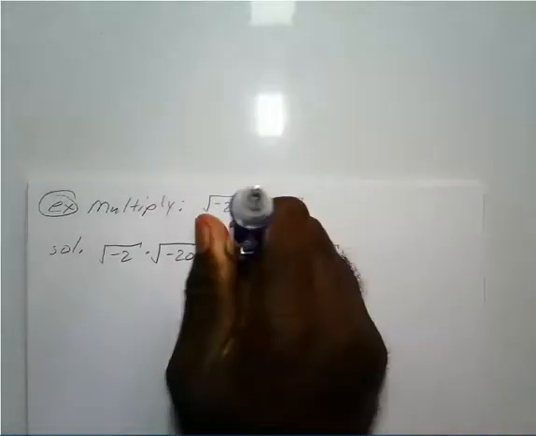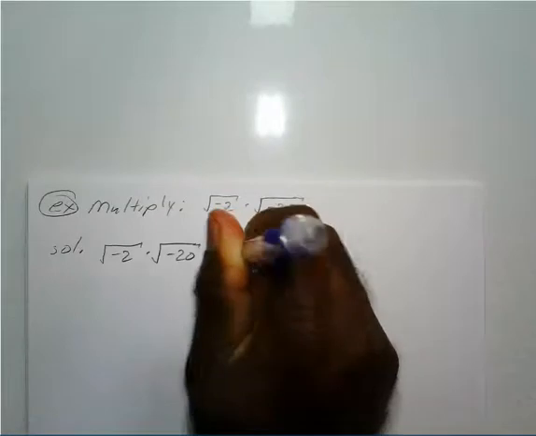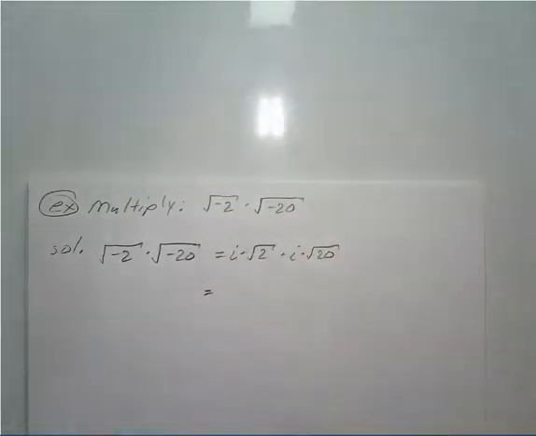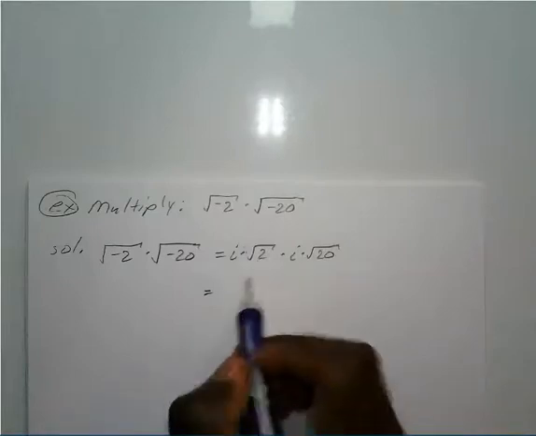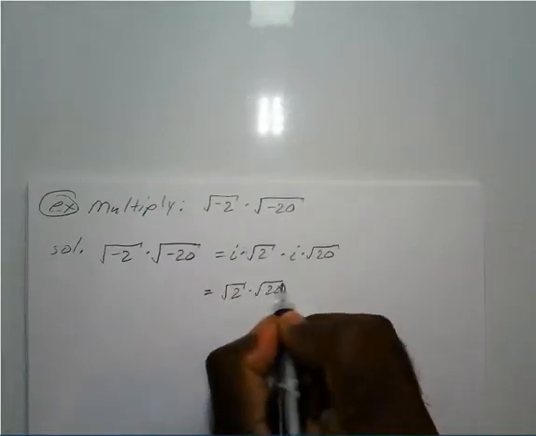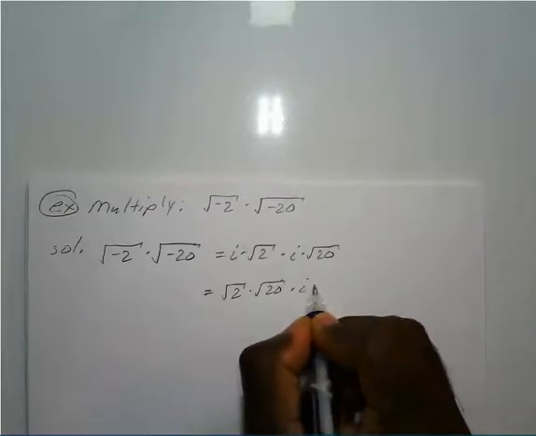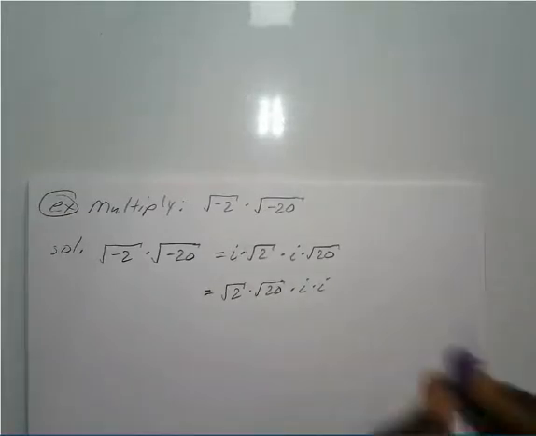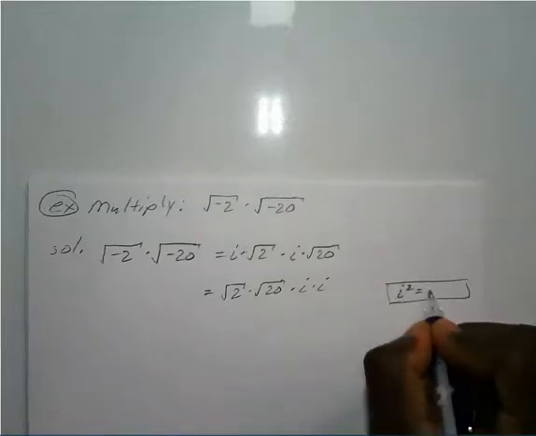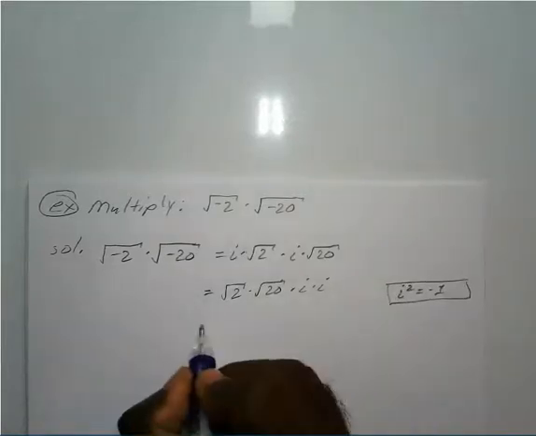Let me give that a little more room. Okay, so you have square root of 2 times square root of 20 times i times i. And once again, i squared equals -1.